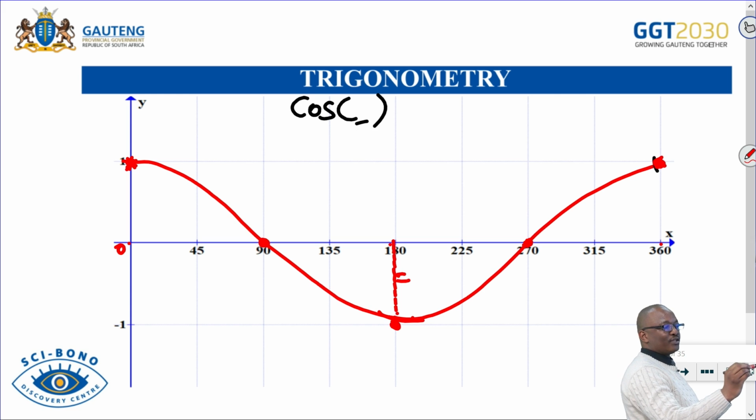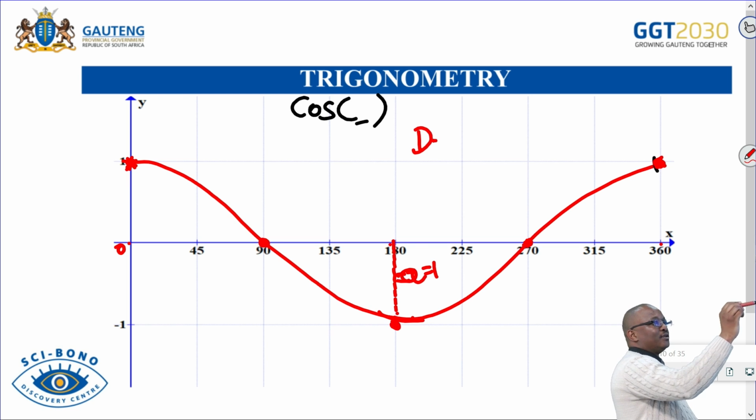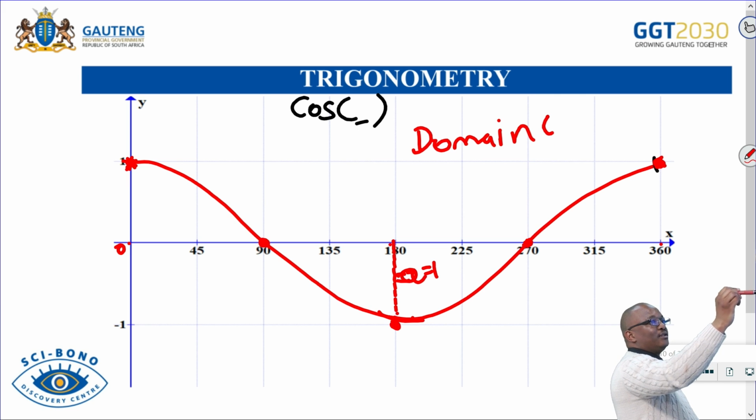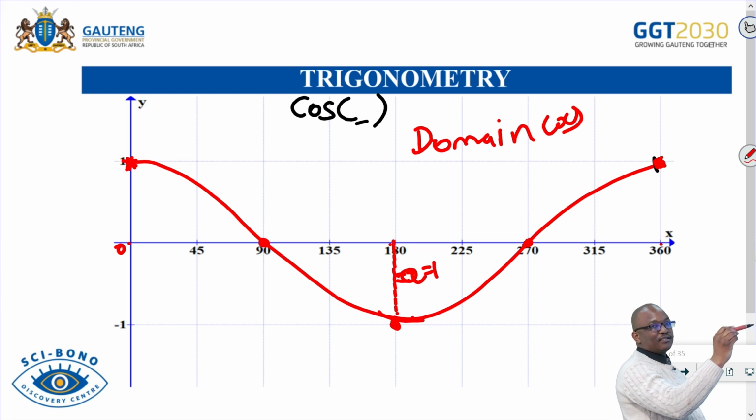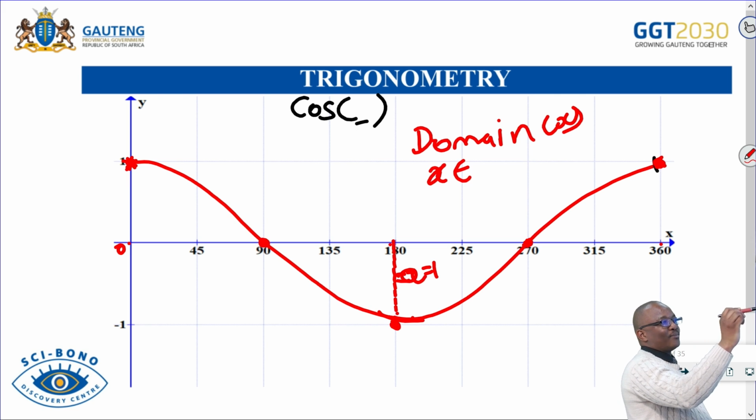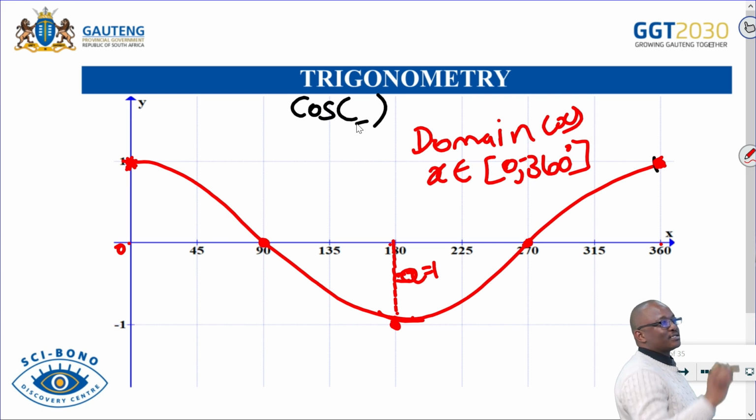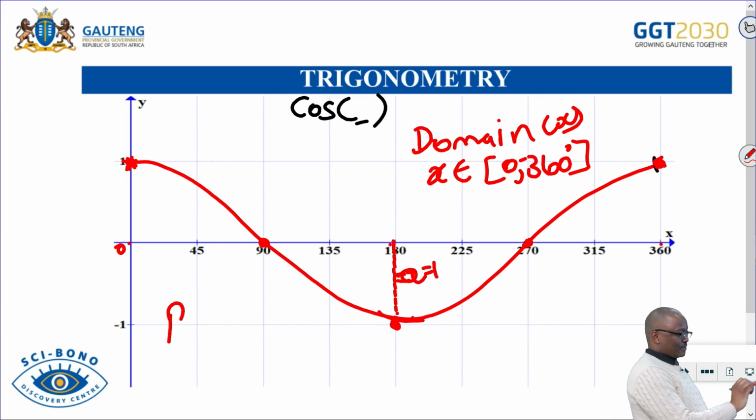Amplitude: we know that A is going to be equal to 1. Then we go into our domain. We have said domain is where the graph is defined on the x-axis. So x is an element of 0 to 360. Our range, now we're talking about y values.